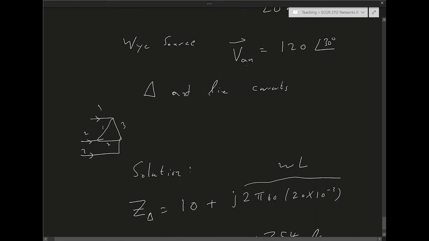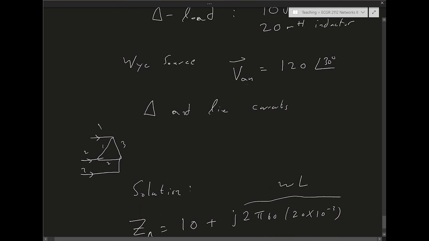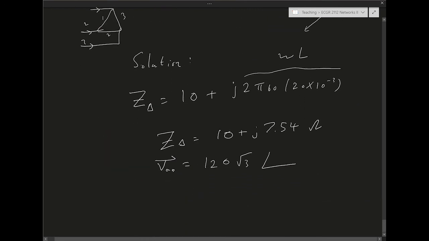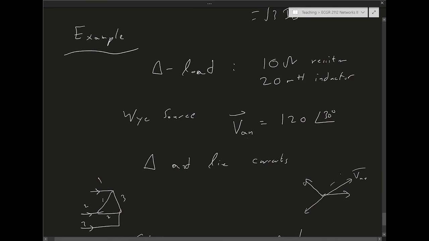And remember, VAB is always 30 degrees ahead. So if I have VA, VB, VC, VAB is always 30 degrees ahead. So I need to add 30 degrees to VAN. So I end up with 60 degrees here, VRMS. Oh, this is VRMS. Okay.